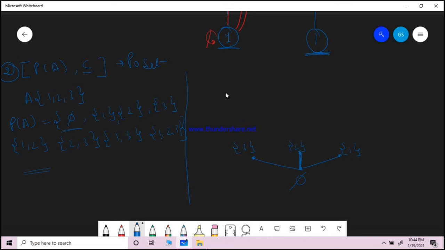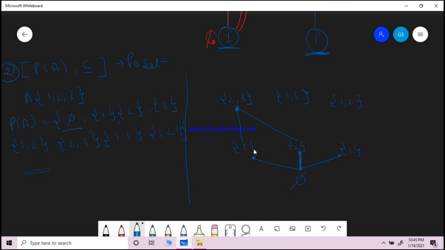Now what else? Now you have {2,3}, {1,2}, and {1,3}. So {3} and {2} give you {2,3}: 3 is a subset of {2,3}, 2 is a subset of {2,3}.